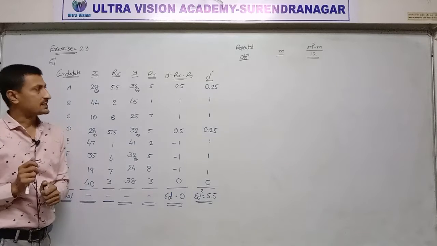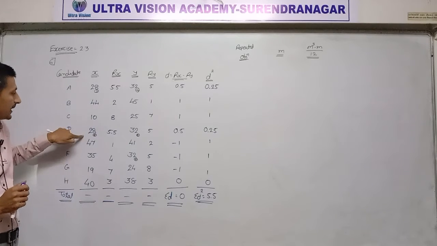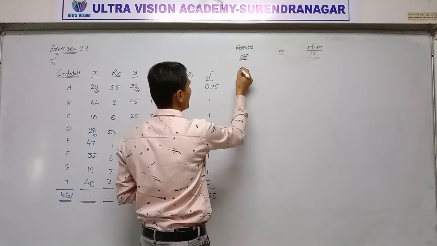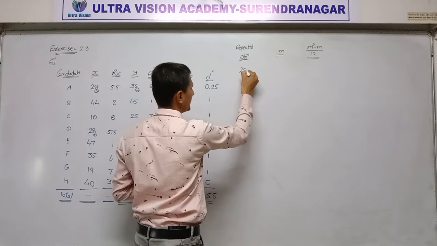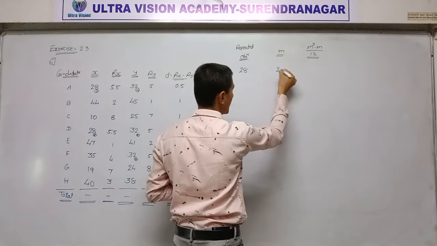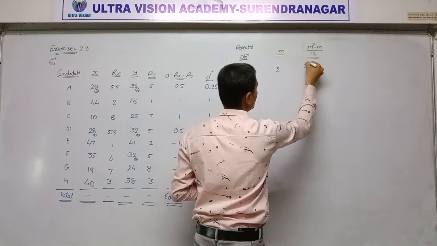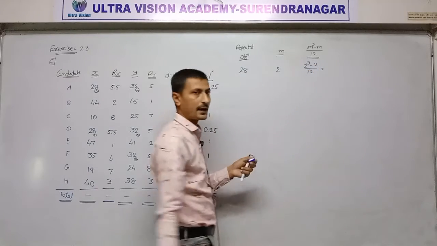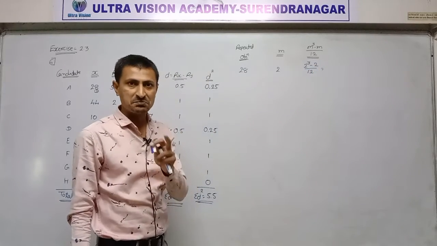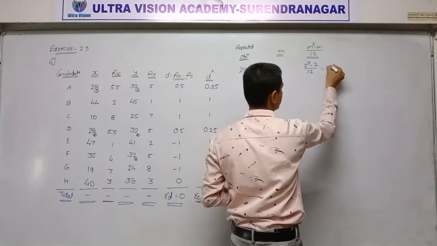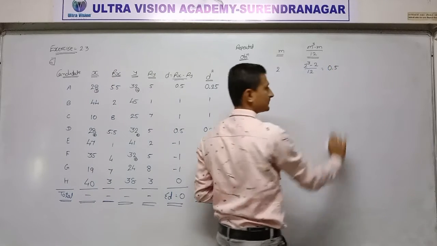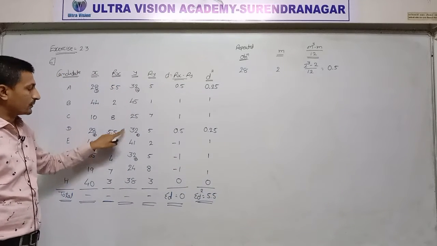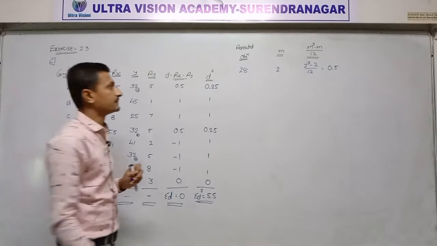Check the repeated observations in variable X: 28 is repeated 2 times. Putting m equal to 2 in the formula: 2 cube minus 2 by 12, using the calculator, 2 cube is 8 minus 2 is 6, by 12 is 0.5. Next, in variable Y, 32 is repeated 3 times.